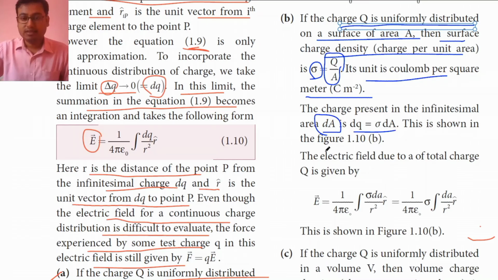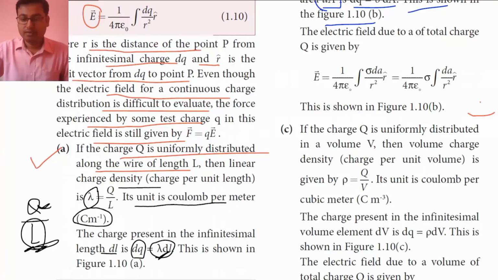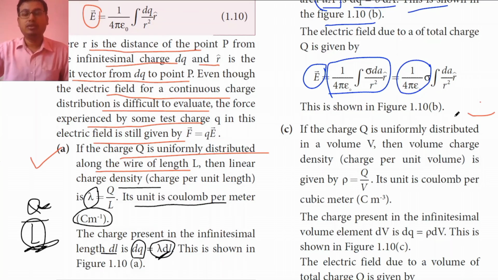This is shown in figure 1.10b. So the total electric field is equal to 1 by 4 pi epsilon naught into integral sigma dA by r square into r cap. The constant terms come outside, that is sigma by 4 pi epsilon naught into integral dA by r square into r cap. This is the situation we have seen in figure 1.10b.